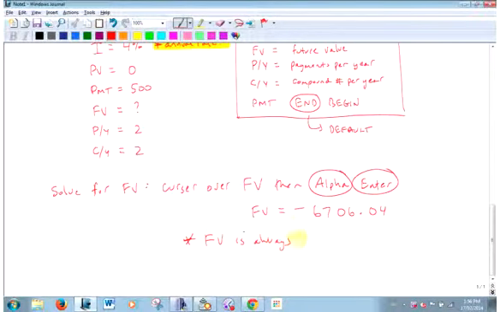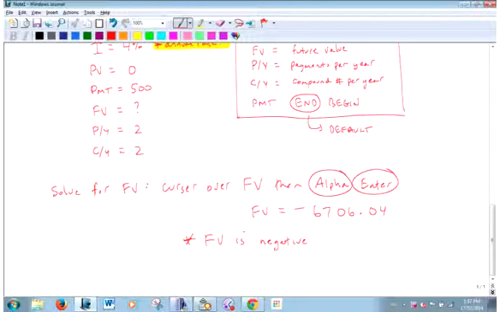So F value is, well, I'm not going to say always, it's negative because this thing actually works on cash flow. Okay, because the payments are leaving you, they're going out, then this future value looks like you're in the hole minus 6,700 bucks. Okay, if you put the payments as negative, then the future value would be positive. So it's like money coming into me.